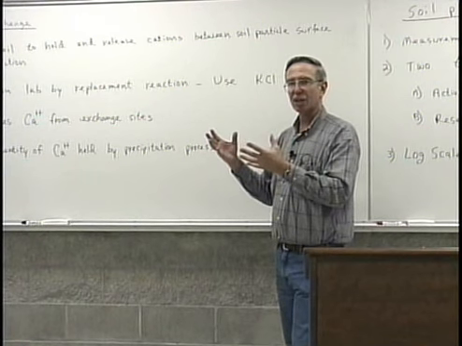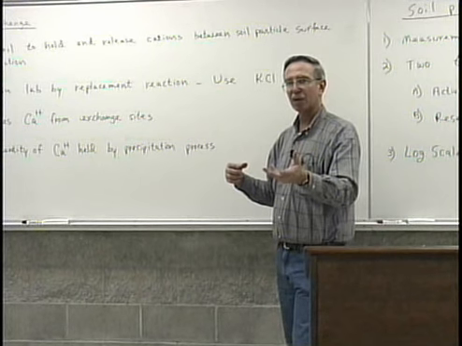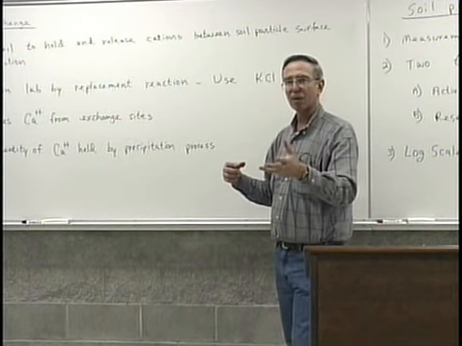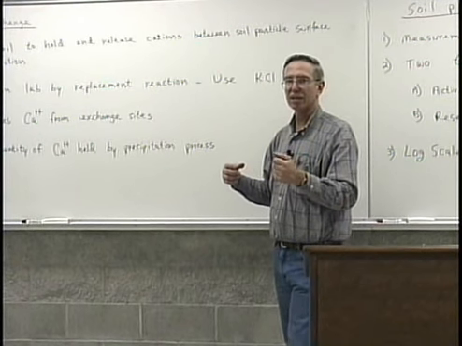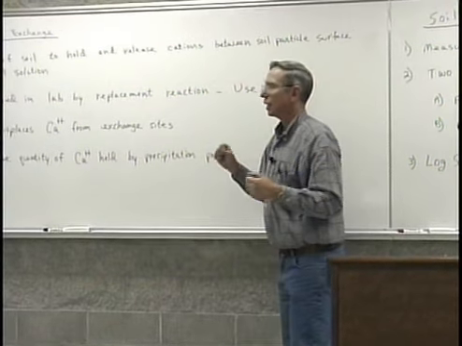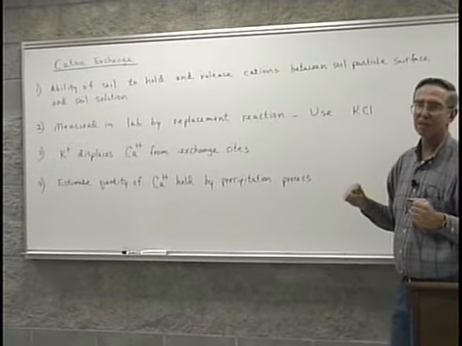So we have a balance here between those cations which are occurring in solution and those cations which are occurring on these negatively charged exchange sites on both the mineral particles in the soil as well as the humus or organic matter particles in the soil. In this laboratory exercise, we're going to be measuring this by a replacement reaction.